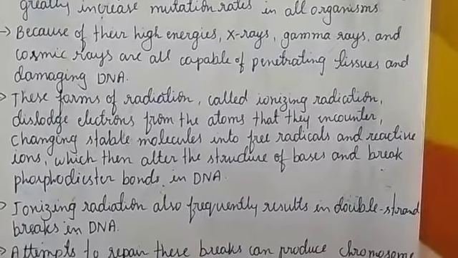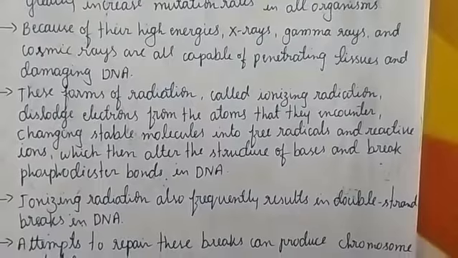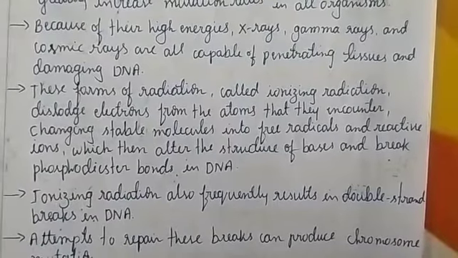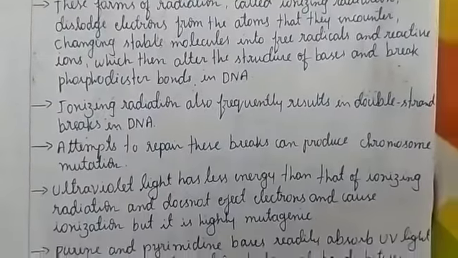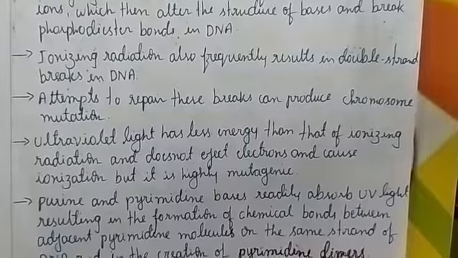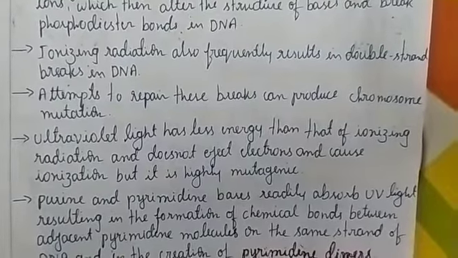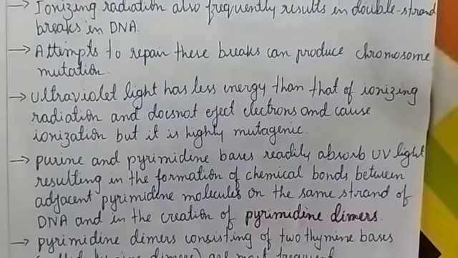These free radicals then alter the structure of bases and break the phosphodiester bonds in the DNA. Ionizing radiation also frequently results in double-strand breaks in DNA. Attempts to repair these breaks can produce chromosome mutations.